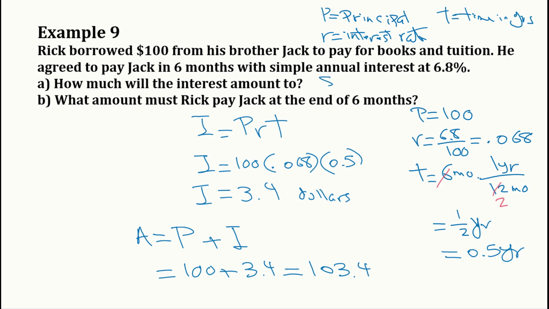We'll say $3.4. And how much will Rick pay Jack at the end of the 6 months? Again, we'll use the proper units, dollars, so $103.40. Now usually we like to put that zero even though it doesn't count, because we're dealing with money, so it's clear. All right, so that's how you would handle a problem like that.